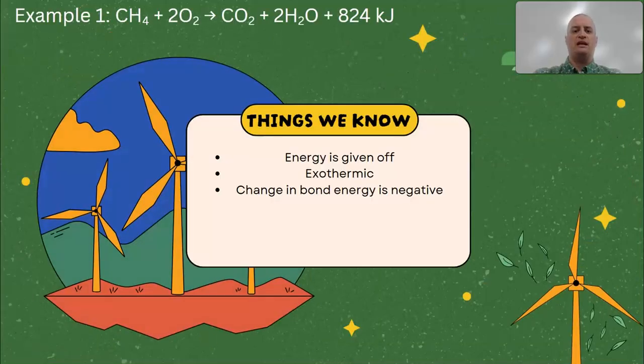So, if we take an example, we have a combustion reaction, you might remember, and it releases so much energy per mole. Things we know: energy is given off because it's produced as a product, which makes it exothermic, and the change in bond energy would be negative. So these are all things that we start off with.